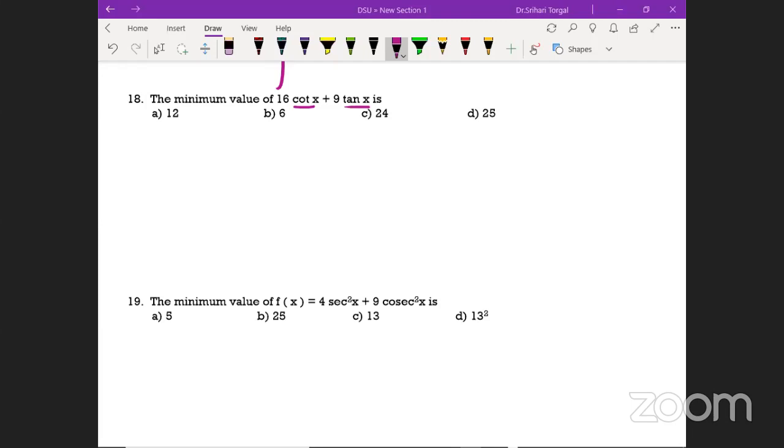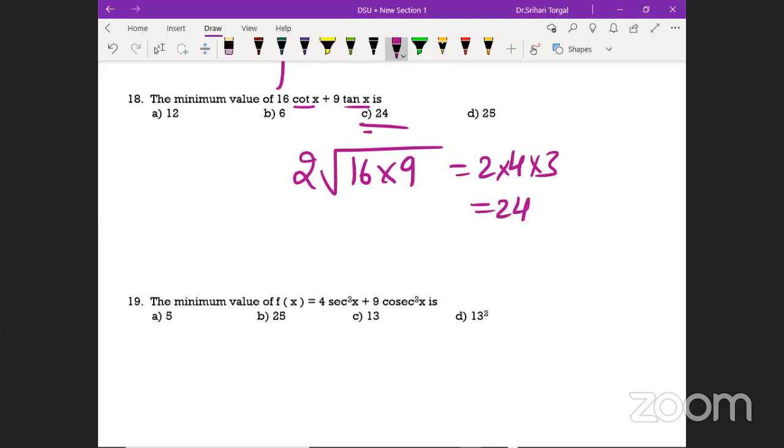I told you in such a case the answer is 2 root 16 into 9, 4 into 3. Answer is 24. And you will get only minimum value in such cases. Got it?